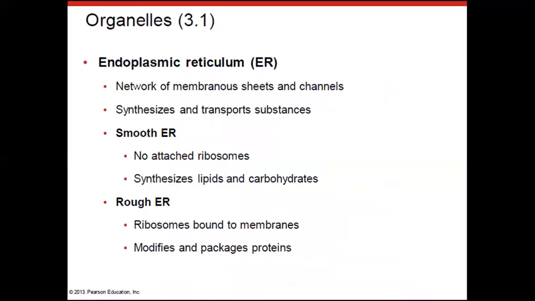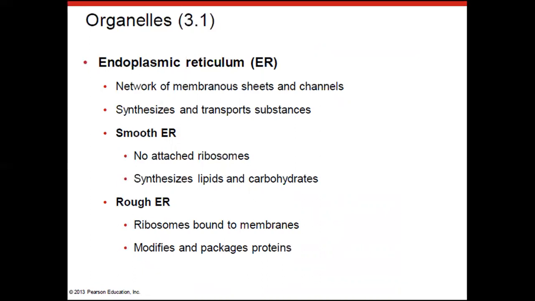The smooth endoplasmic reticulum, we'll get to ribosomes next, synthesizes lipids, so fats, and carbohydrates. So a steroid hormone, for example, would be synthesized in the smooth endoplasmic reticulum. The rough endoplasmic reticulum has ribosomes, these little circular structures that are stuck to the folds of the endoplasmic reticulum, bound to the membranes of the ER.